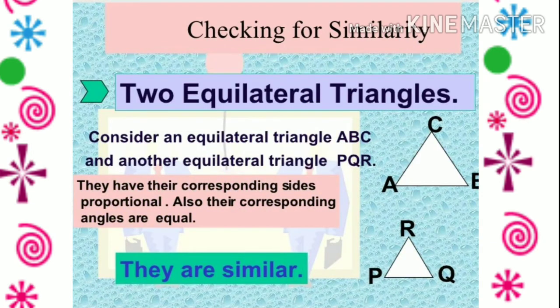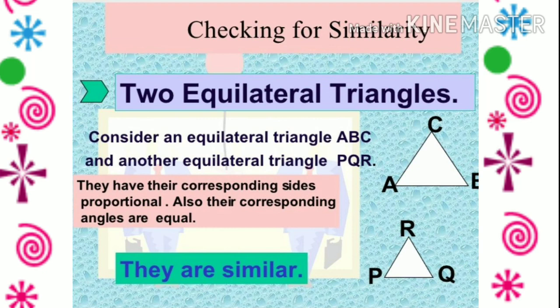Next example, two equilateral triangles. Equilateral triangle means each angle is 60 degrees. Consider an equilateral triangle ABC and another equilateral triangle PQR. Since it is an equilateral triangle, all the sides are equal and all the angles are 60 degrees.